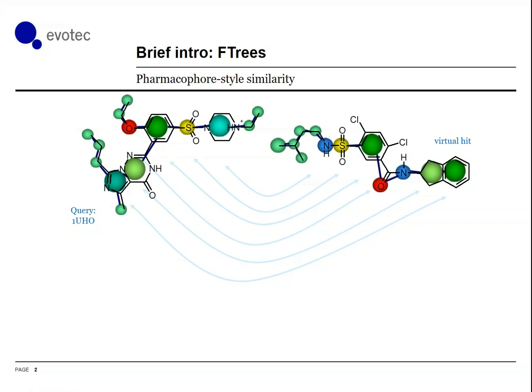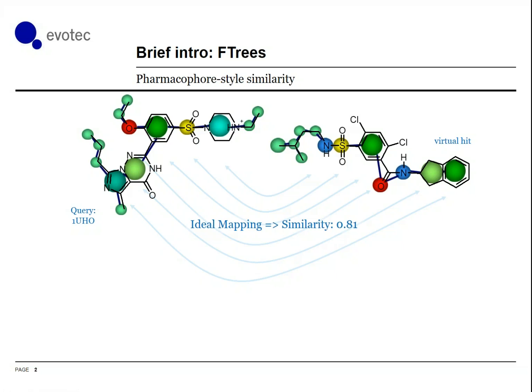A mapping will map a node from here to a node over there, and then we calculate a so-called local similarity, which is quite high here for these 2 aromatic rings, and lower for other local matches. Now, among all the possible matches that can be thought of, feature trees finds the one with the highest overall similarity value, and that is the value that you get as a feature tree similarity.